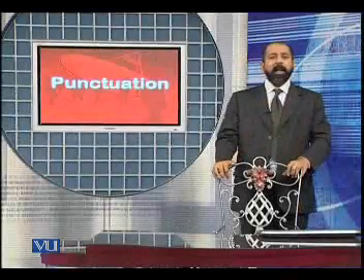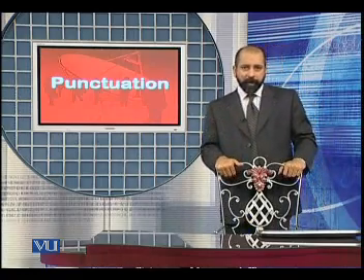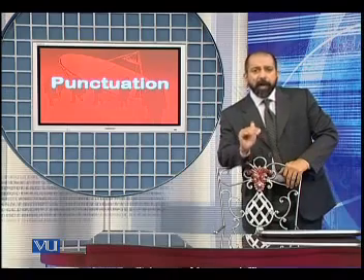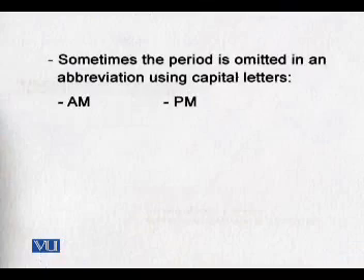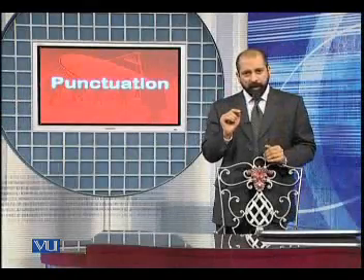Now, the second class of abbreviations, which I said do not need full stops or periods, are abbreviations which we use in uppercase. For example, AM and PM are uppercase words. They're not small case.